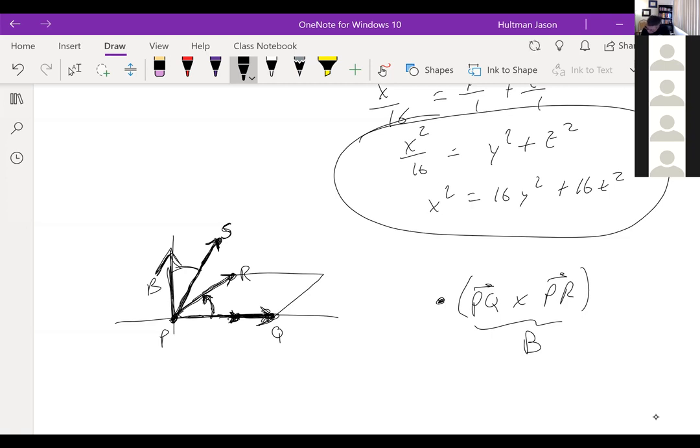So PS. And then you just take the absolute value of that. That's the main idea. Okay, that makes a lot more sense. Thank you.